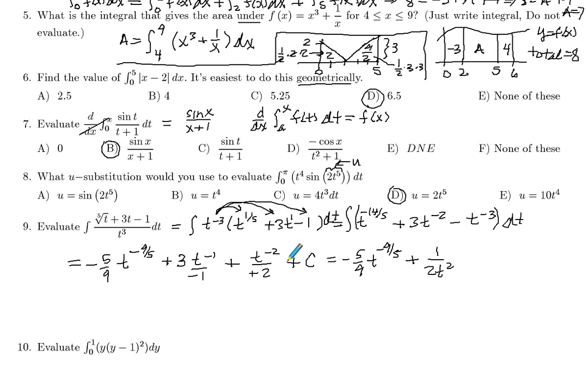And then, oh wait, that's this last term. I skipped a term. Here, t to the negative 1 on the top is t to the positive 1 on the bottom, and this negative we can pull out in front. So it'd be negative 3 on the top, and we've got t on the bottom, t to the first, and then plus c on the end.